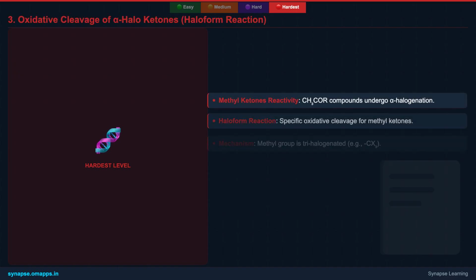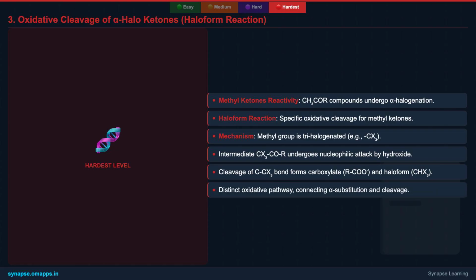Beyond direct oxidation, the oxidative cleavage of alpha-haloketones, particularly in the context of the haloform reaction, presents another layer of complexity. Methyl ketones, upon exhaustive alpha-halogenation, form trihalo intermediates. These intermediates then undergo nucleophilic attack by hydroxide, leading to the cleavage of the carbon-carbon bond and the formation of a carboxylate and a haloform.